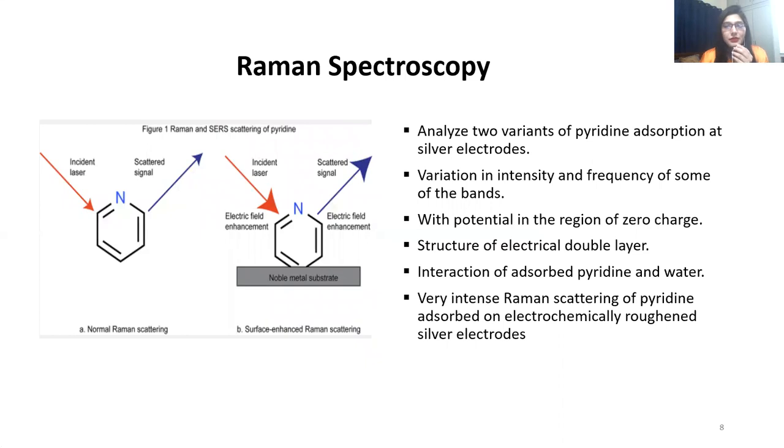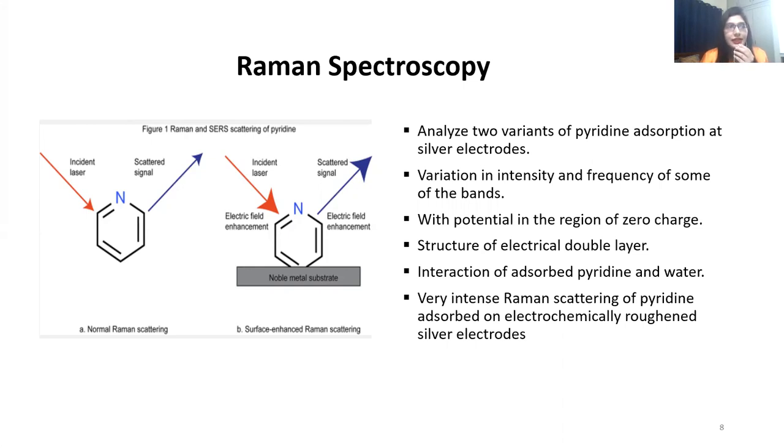In this paper, Fleischmann and co-workers observed very intense Raman scattering of pyridine adsorbed on electrochemically refined silver electrodes, which was attributed to the large surface area of the refined electrodes.